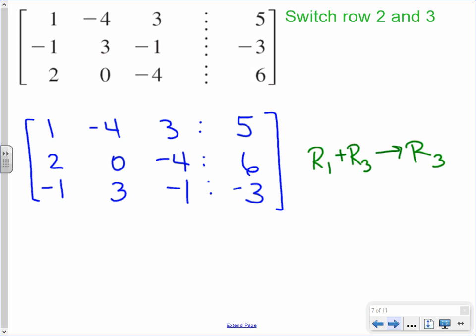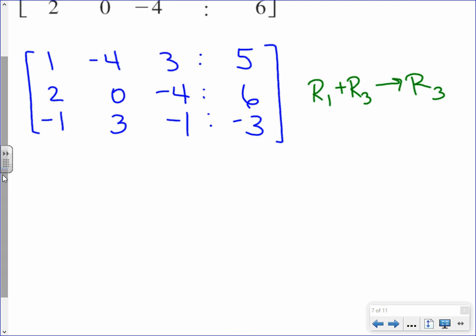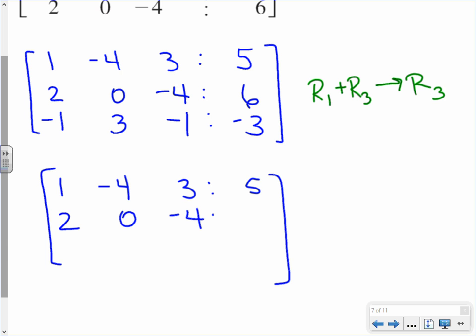That notation? So that means row 1 and 2 are going to stay the same. Row 1, add it to row 3. So 1 plus -1, -4 plus 3, 3 plus -1, and 5 plus -3.